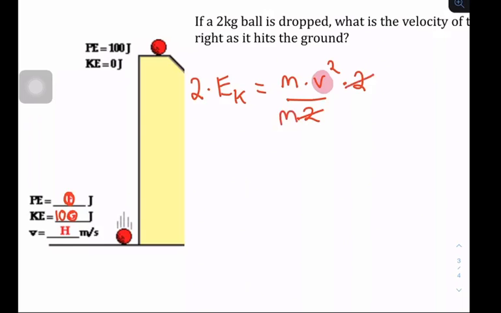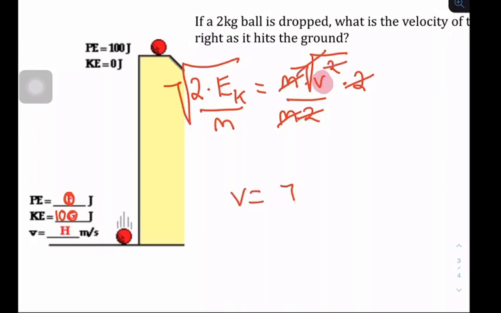I'm going to divide both sides by m to get rid of that times m. And then finally, to get rid of v squared, I'm going to find the square root, but I have to do the same thing to the other side. The square root of v squared is just v. And so my formula for velocity is the square root of 2 times the kinetic energy divided by mass. And so let's find that out.